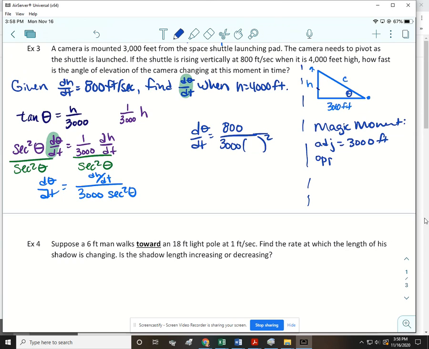My opposite is 4,000 feet, because it tells us that in the problem. And that would make my hypotenuse be 5,000 feet. So then when I go to find the secant of theta, it's going to be hypotenuse over opposite. No, hypotenuse over adjacent. So 5,000 over 3,000, or 5 over 3.